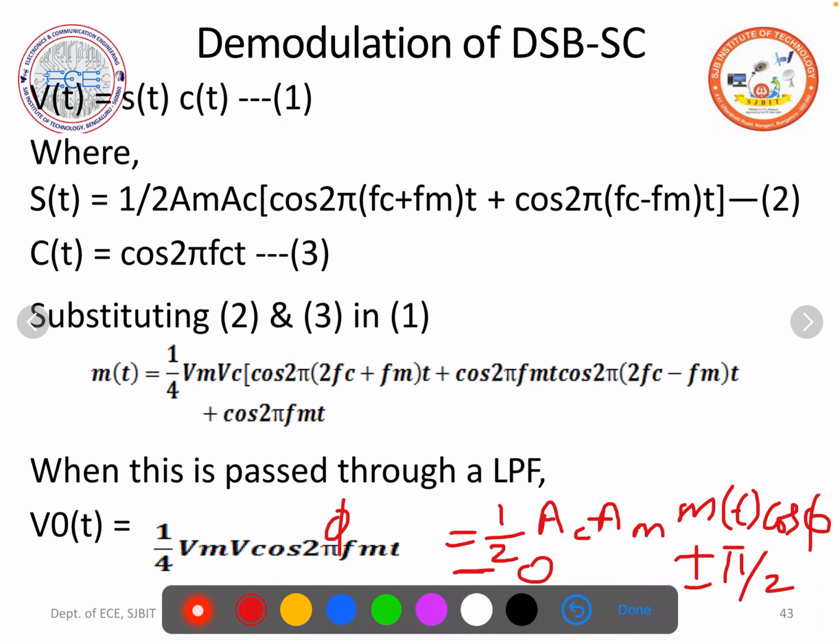This effect we call the quadrature null effect of the coherent detector. The quadrature term represents a phase difference of 90 degrees, or pi by 2 radians.